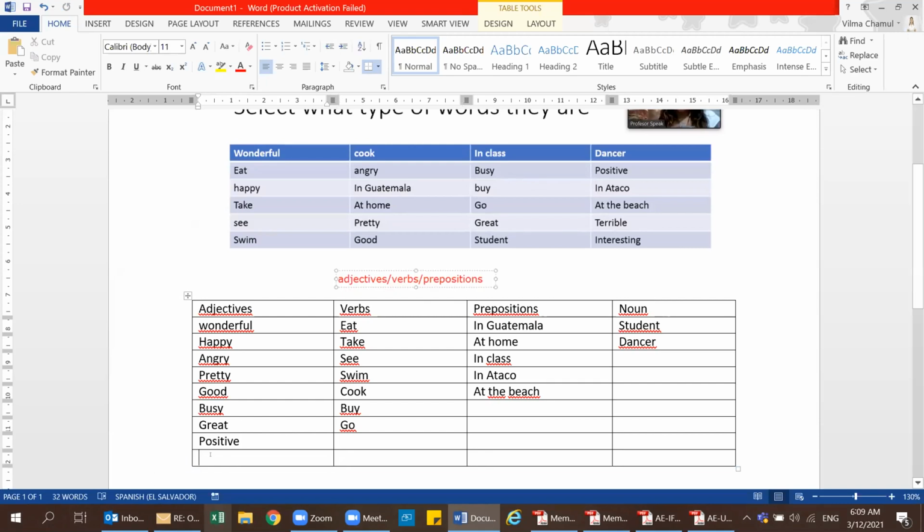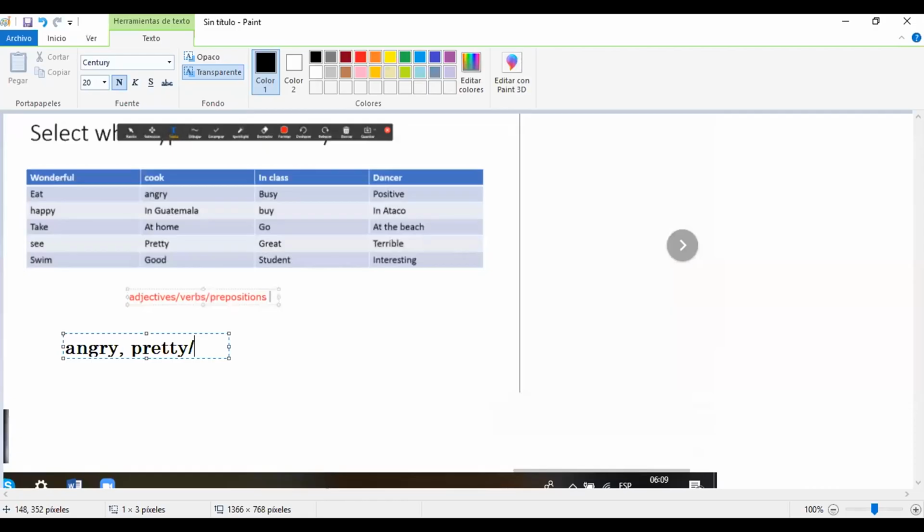Yes, terrible is an adjective. Cook. And in, at, in Guatemala, at home. Prepositions: in, at. Yes, in Guatemala.